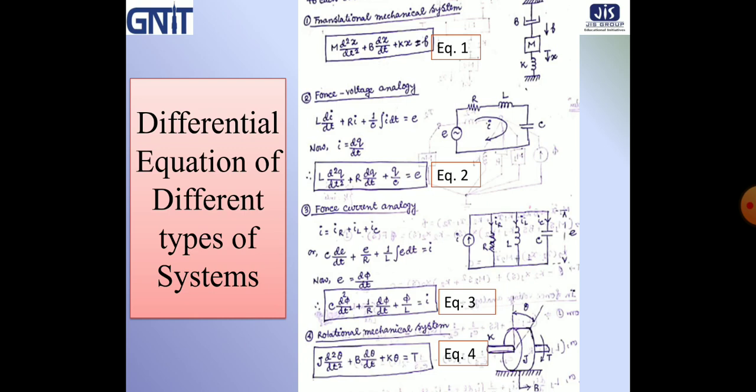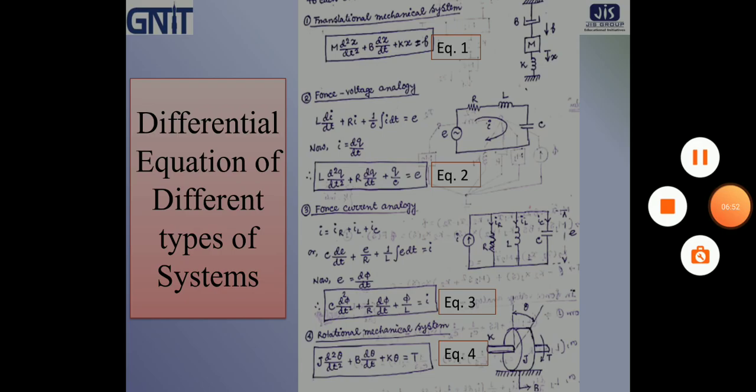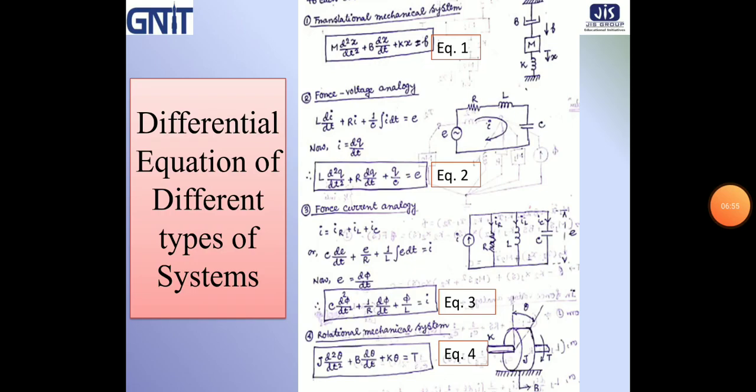Now if we put the value of i, that is dq dt, in the previous equation, then the equation becomes L d2q by dt square plus R dq dt plus q by C is equal to e. So this is our equation number 2.